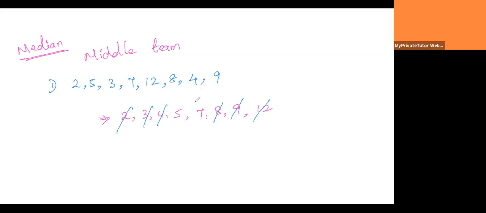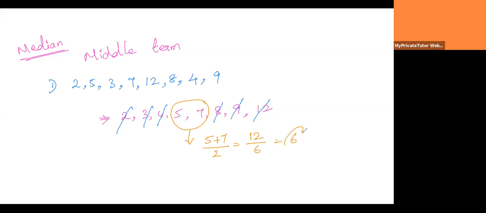So the middle number. What is a middle number? We don't have a middle number here. You can see that we'll get two numbers. So if we get two numbers, what do we need to do? We just need to add those numbers and find the mean of those numbers. So just add those numbers and divide by 2. I think you guys know that it is 6.